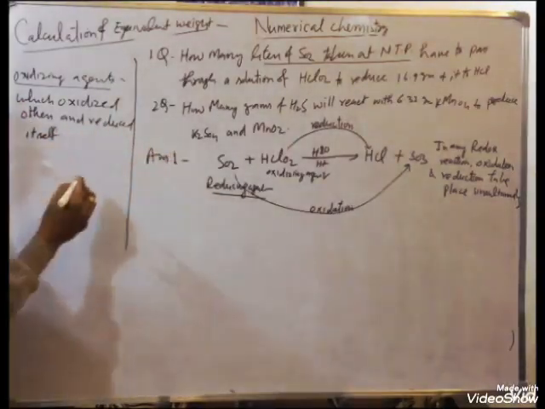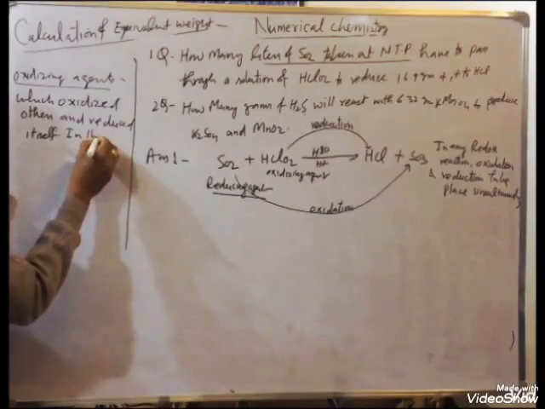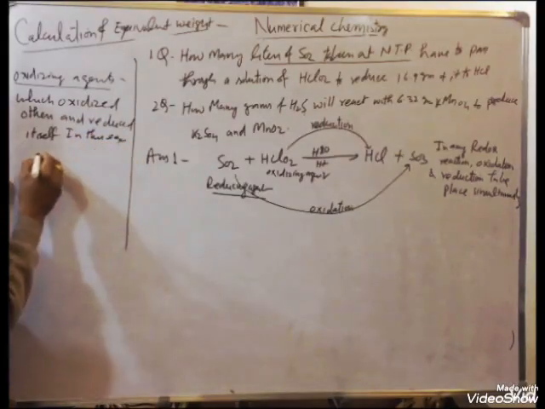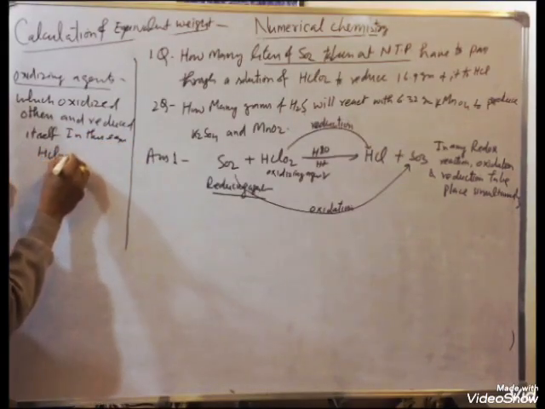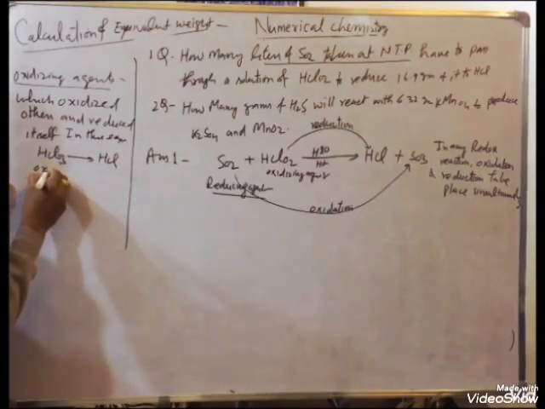In this equation, HClO2 is reduced into HCl, so it is the oxidizing agent.